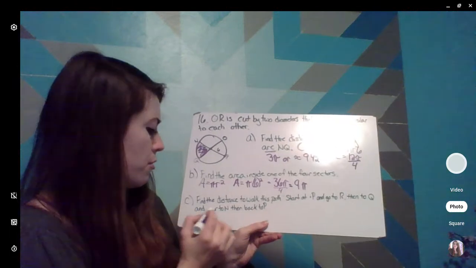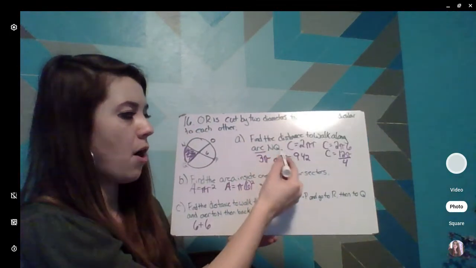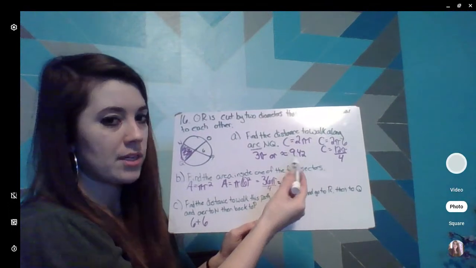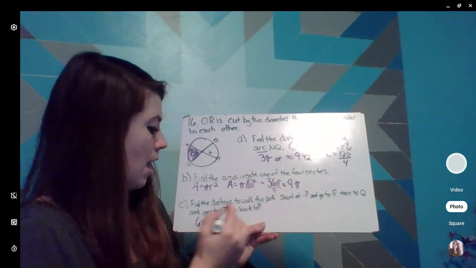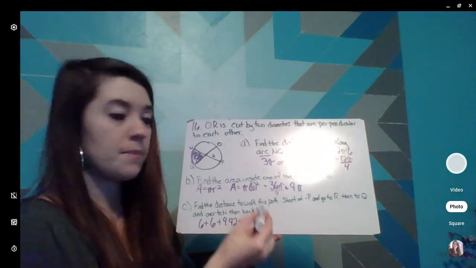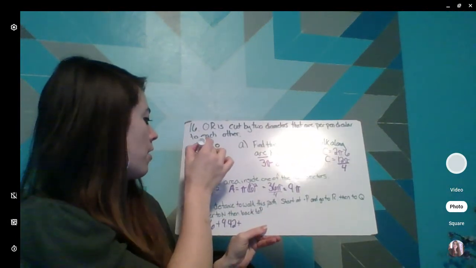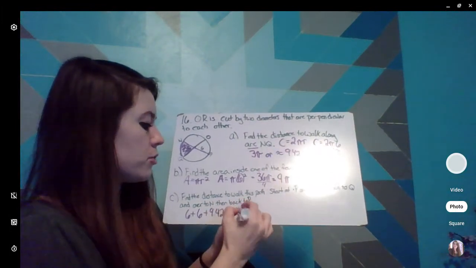And then from Q, we're going to go over to N. So we're going to go across our arc. Remember, we found the arc NQ. That's why I had us do the decimal. So it's going to be plus 9.42. And then from the end of arc NQ, back to P. So we're going to go this full length, so the whole diameter, which would be 12.